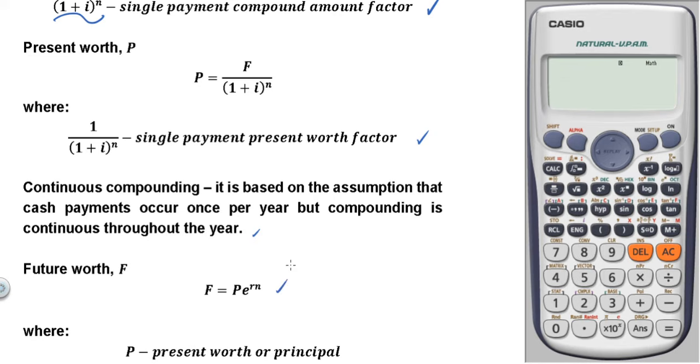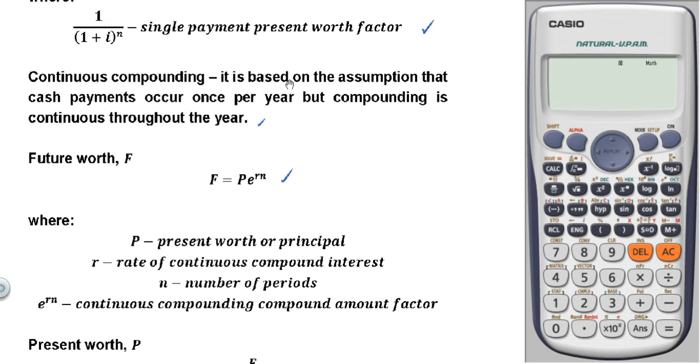Or given in this formula, F is equal to P times e raised to rN, where r is the rate of continuous compound interest, N is the number of periods, and e raised to rN is the continuous compound amount factor, or simply compound amount factor. Continuous compounding, compound amount factor, parang doble, no? Anyways, pwede rin yung compound amount factor na lang, no? e raised to rN. Okay.